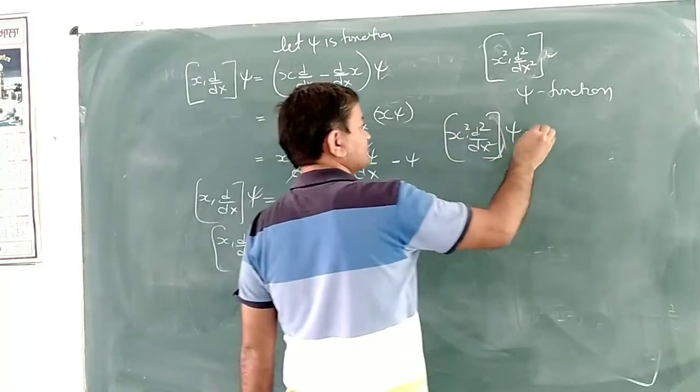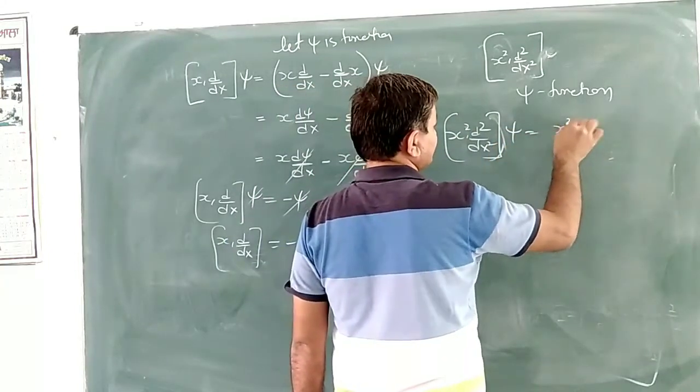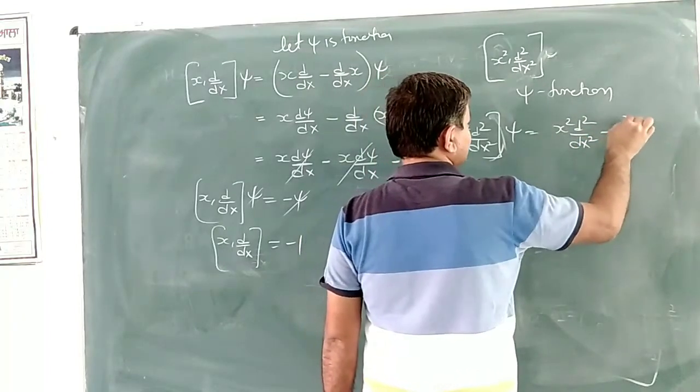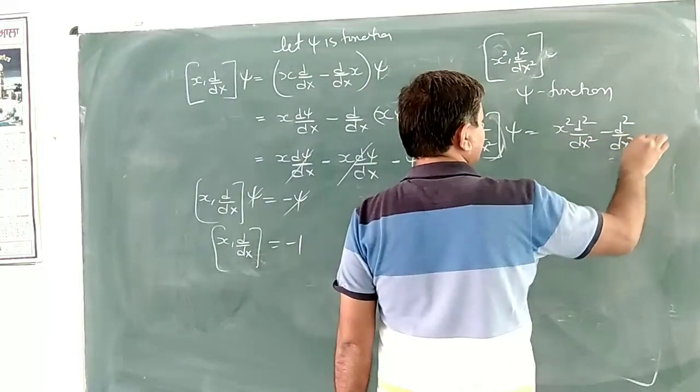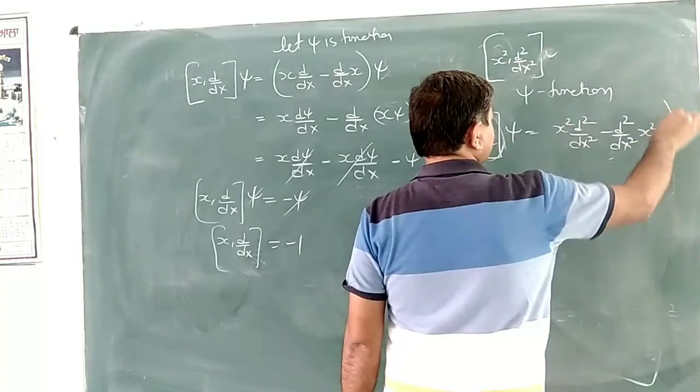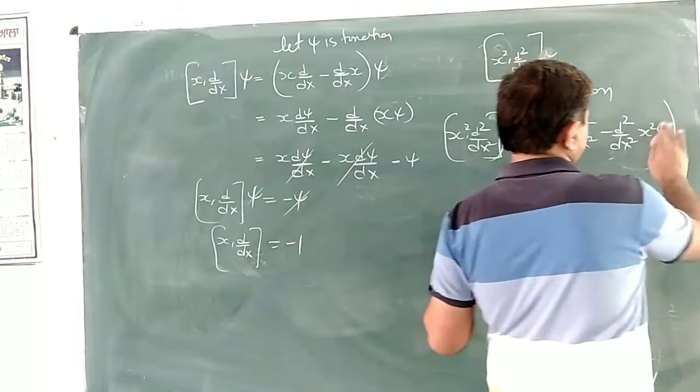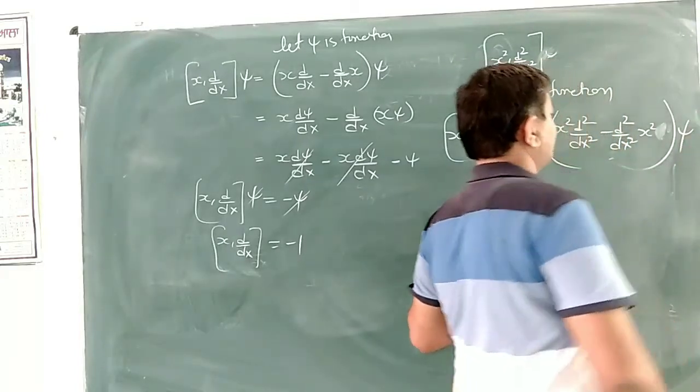This is the psi function, which is equal to x squared d squared divided by dx squared, here is d squared divided by dx squared and x squared and the psi. Here psi is the function.